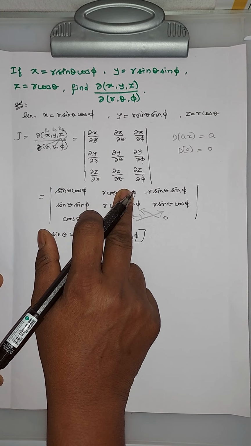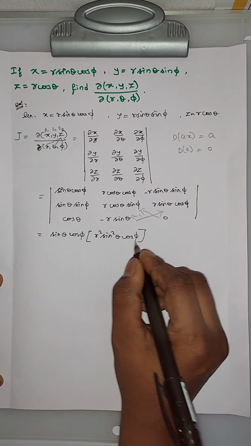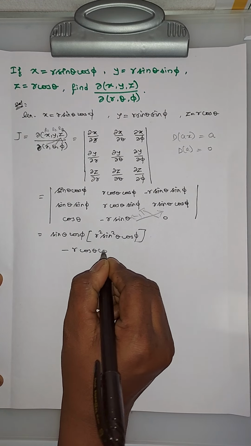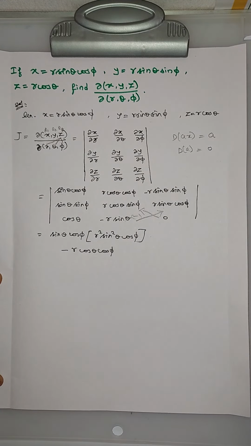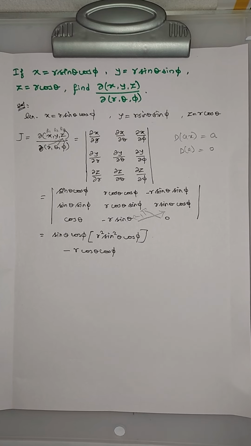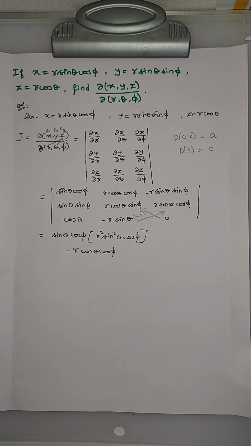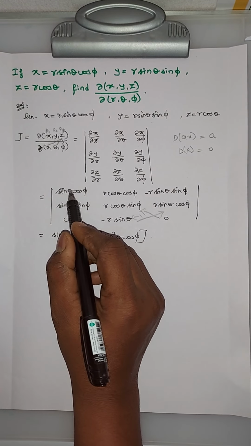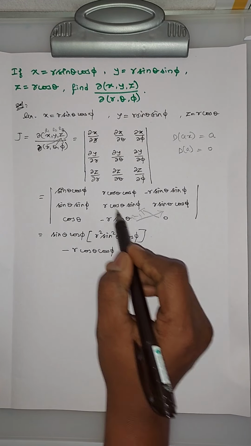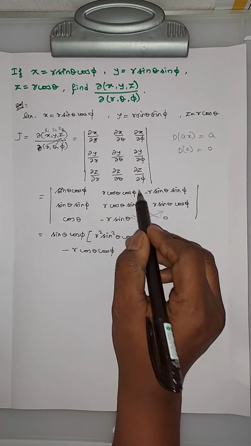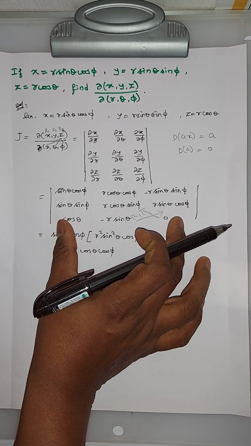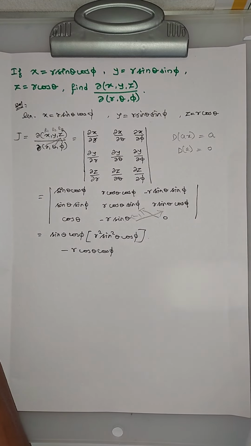Now moving on to the second element. The second element is minus r cos theta cos phi. So omitting the respective row and respective column of the element, considering the determinant of the rest of the values.